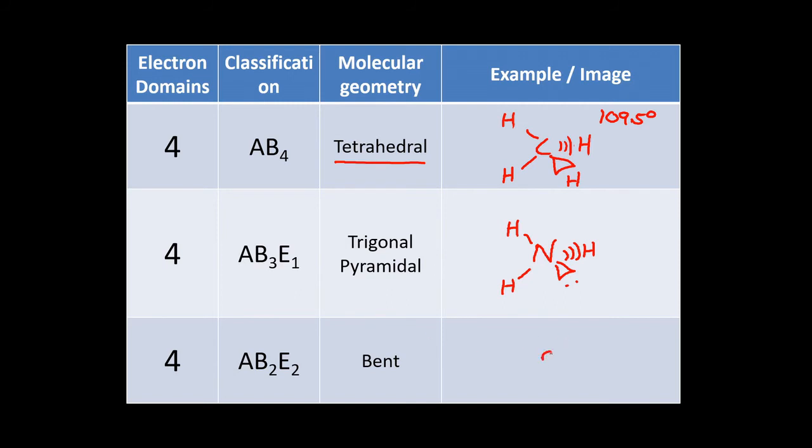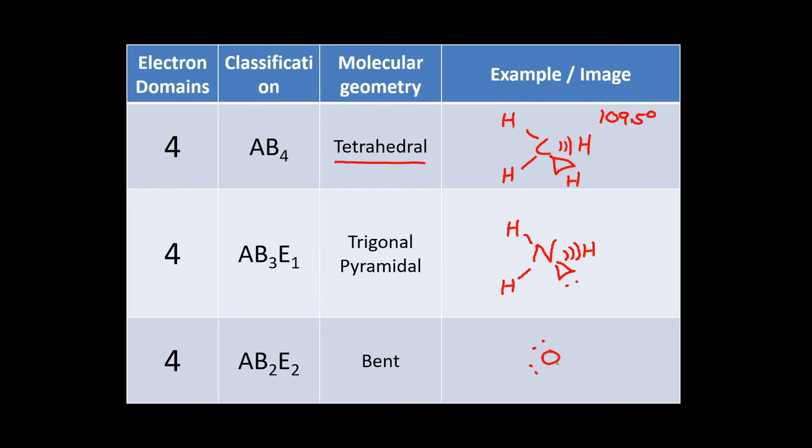If we take another one of those and replace it with a lone pair, we would get what the structure of water is. And actually, a better way to draw this, let me draw that slightly differently. That's not a terrible way to draw it, but I think it's a little bit easier if I put the lone pairs here.